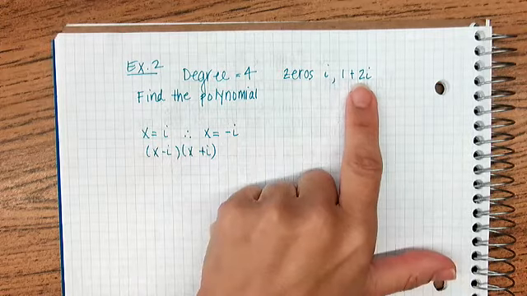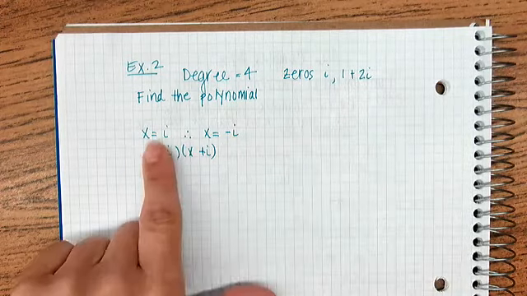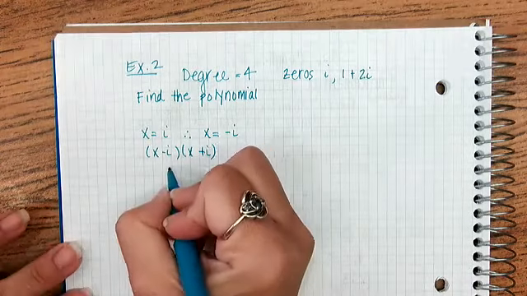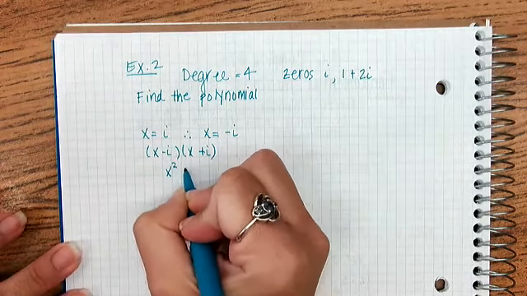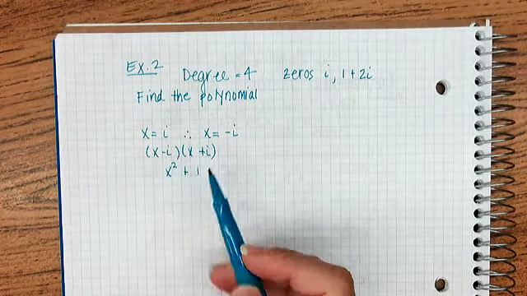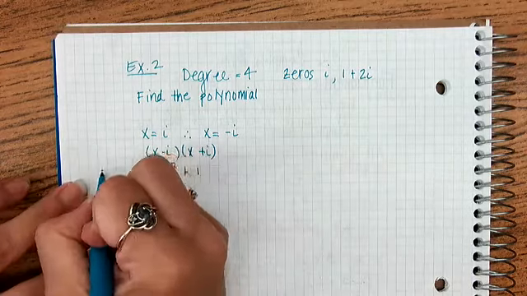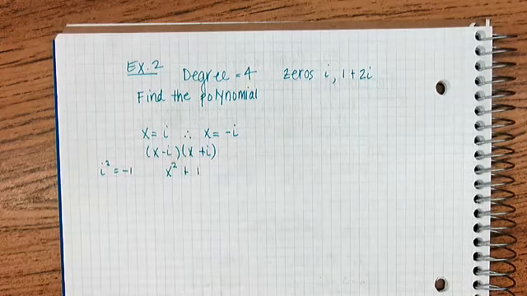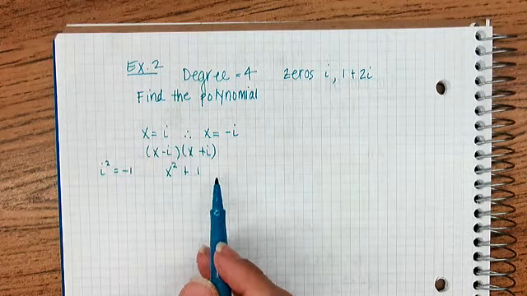Binomial solution, then I tend to use more shortcuts. This is a monomial. Multiply it out, and this is x squared plus 1. Negative i squared. i squared is negative 1. And by the way, you can always do a quick check, set it equal to 0 and solve.